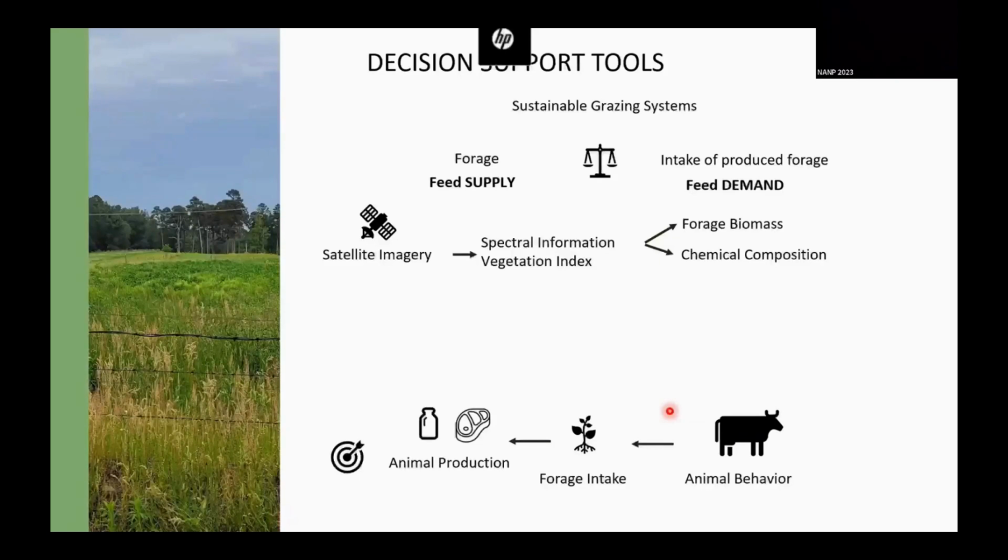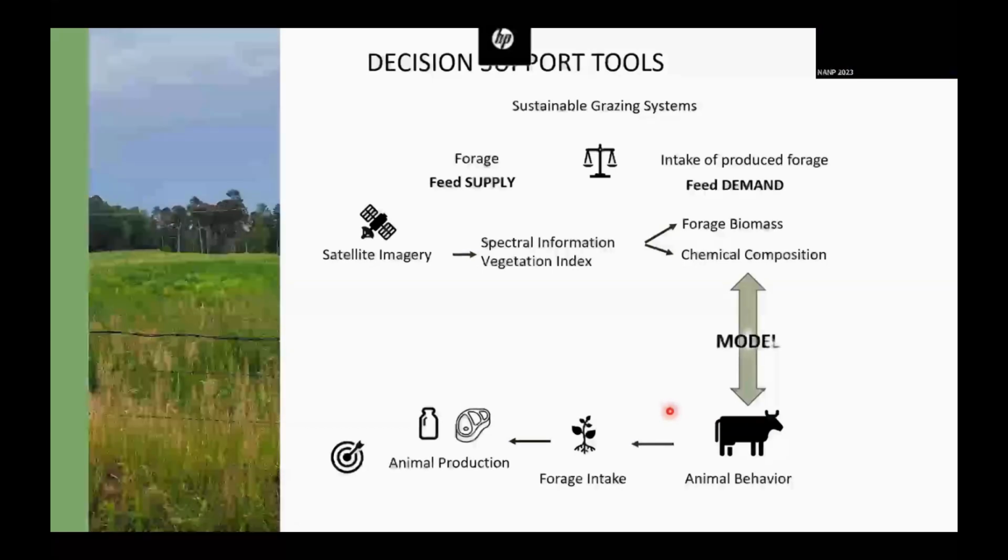It's the part the animal will eat. How can I connect those data from the satellite images, the forage biomass, with the animal part and come up with a model that can be used to translate this forage mass in a decision support tool?